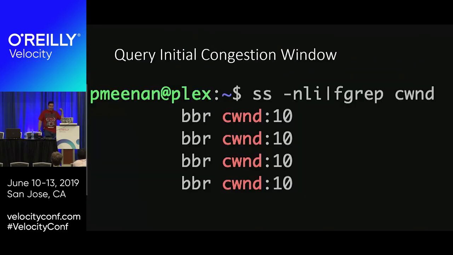You can query your initial congestion window, as well as the congestion control algorithm, using ss. This one gives the initial congestion window for, in this case, listening connections on a server. And so on my Plex server, just to give that away, the congestion window is 10 and I've got BBR enabled.